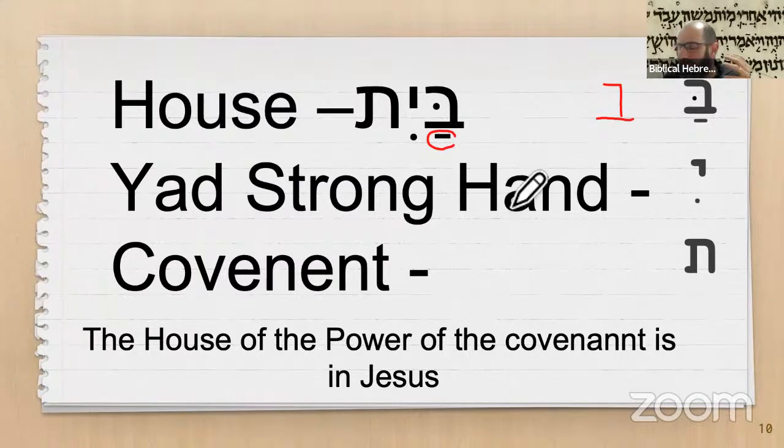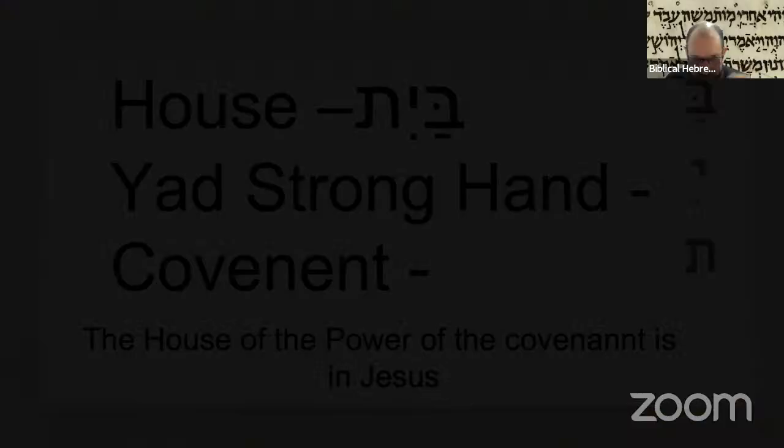And who has the power of the covenant? Jesus. You see how each letter has a meaning? If your home has a strong foundation on Jesus, then you have the covenant. So each letter of the alphabet has a meaning. Beit means the covenant, the house.